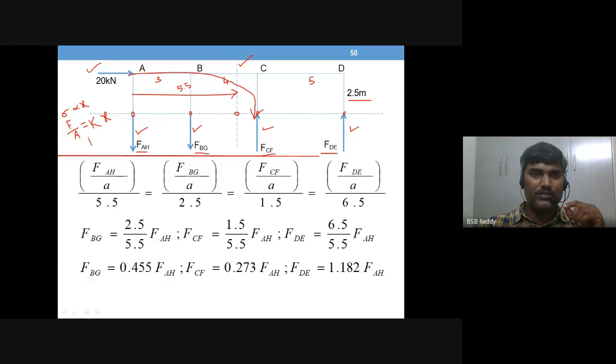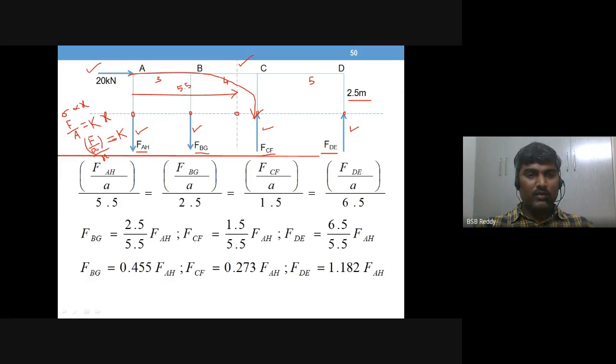So F is some force we don't know, A we have assumed as small a, divided by x is equal to some constant k. Right, so this is what we are going to do.